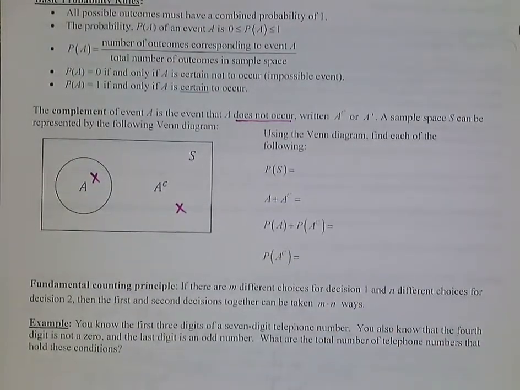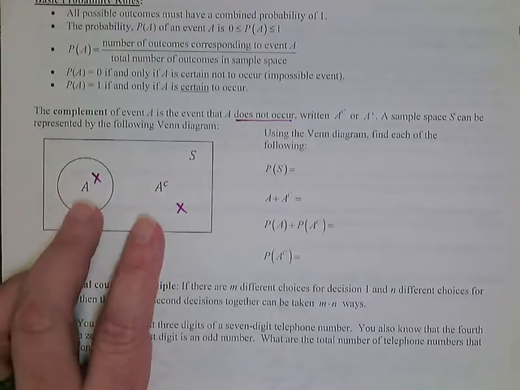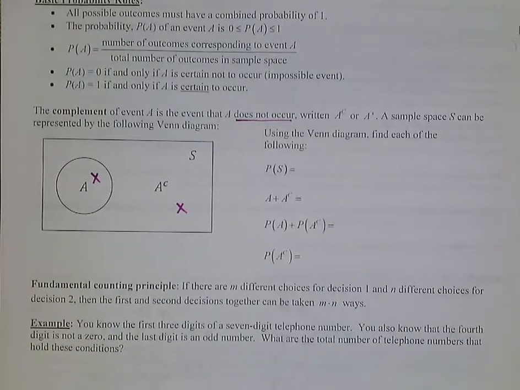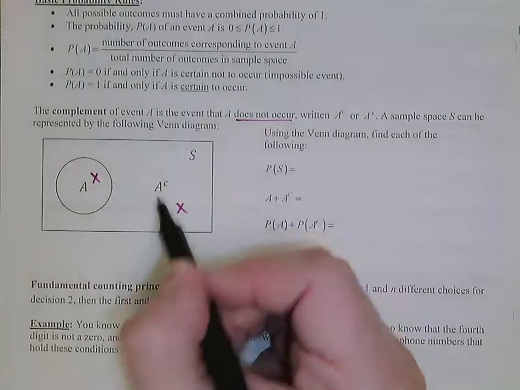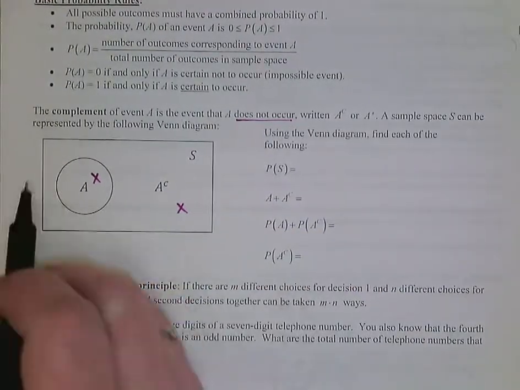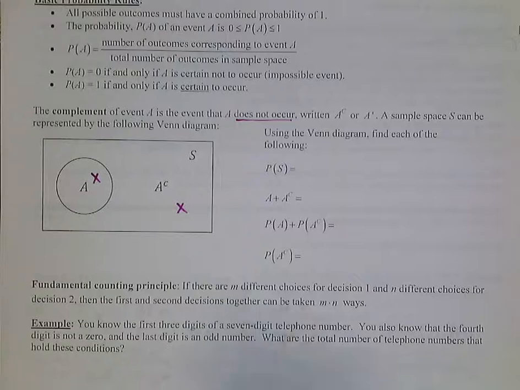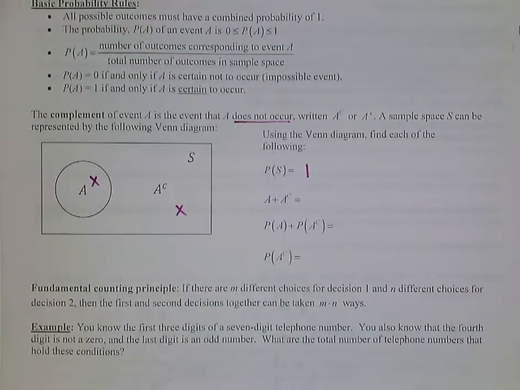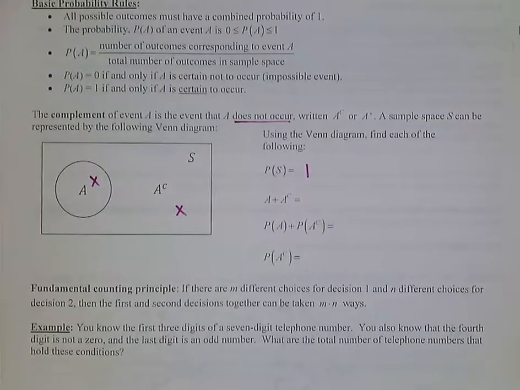So we can use the probability of A or A complement to help us figure out the probability of the other. Because we know that the probability that S happens, all of our possible outcomes, is always going to have a total probability of 1. So if S is all of our outcomes, the probability of getting an outcome is 100%, is 1.